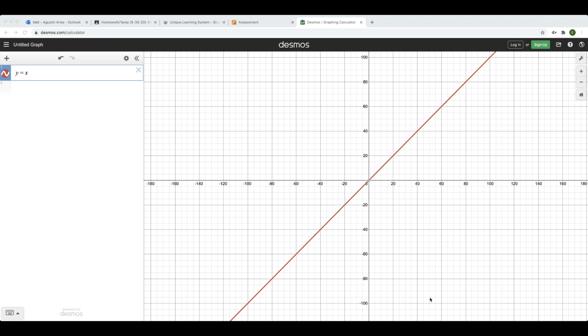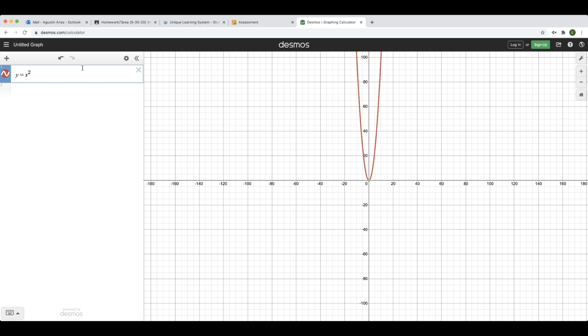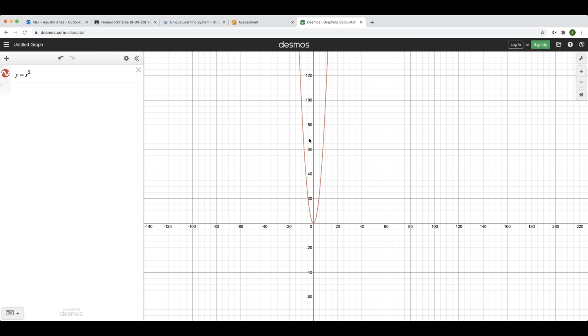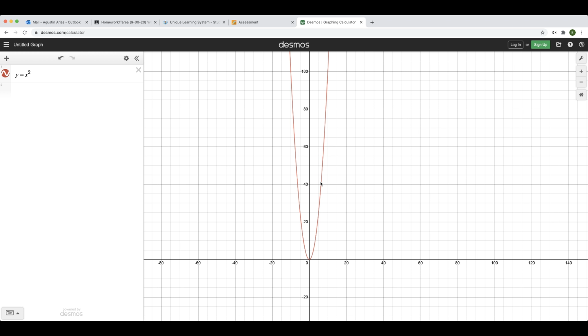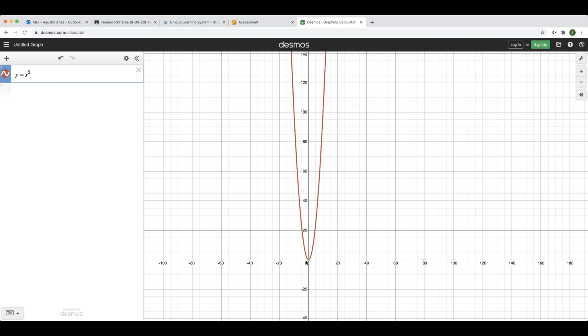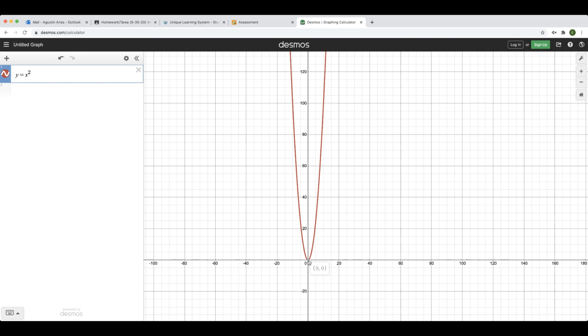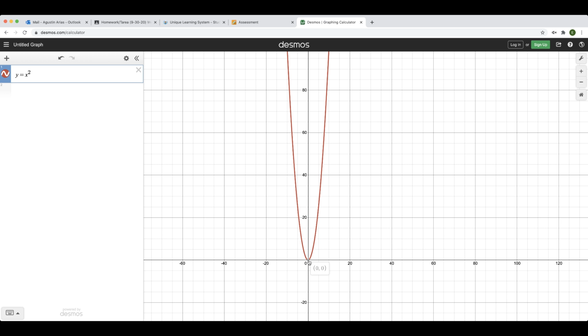All right, back to what we were talking about. If it's x squared, the domain on a parabola is always negative infinity to positive infinity. The range is the one that depends on where the vertex is. In this case, it's at 0, 0, so it's going to start at 0 and go up to positive infinity. Now remember, if I have a minus 5 on the outside, it shifts it down 5.